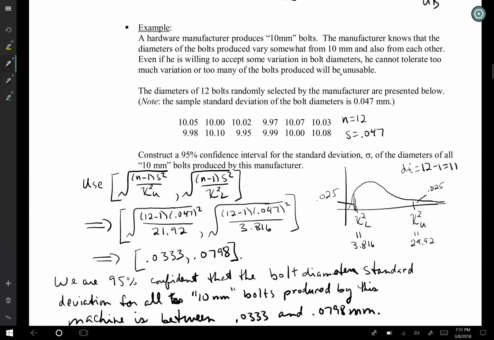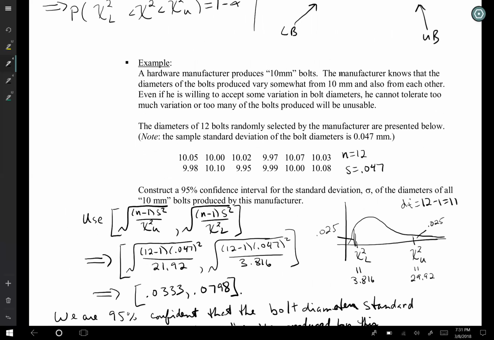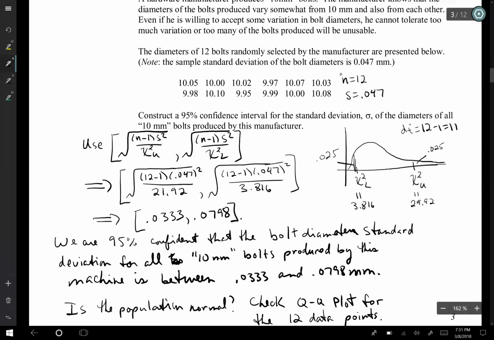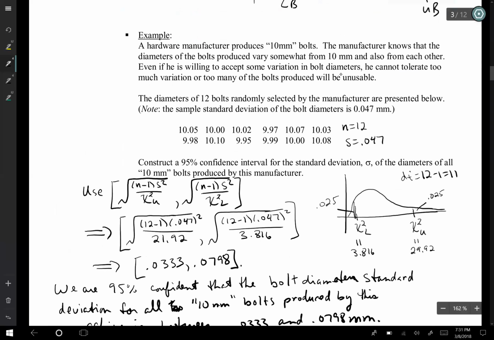Let's see. Let's just take the lower bound here. If we have the square root of 11 times 0.047 squared, the 21.92 is okay.